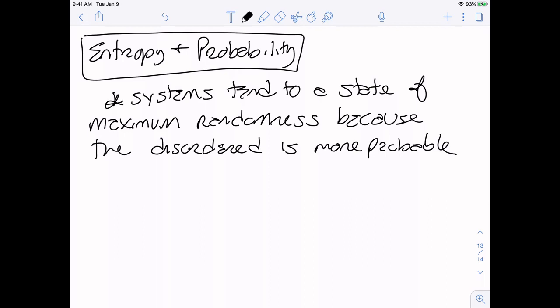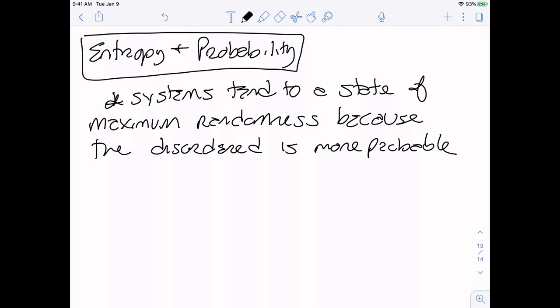Right? The probabilities of the ordered and random states are actually proportional to the number of ways that state can be achieved. So if I had 2 quarters and threw them on the ground, the odds of it being ordered is greater than if I had 20 quarters and threw them on the ground, right?